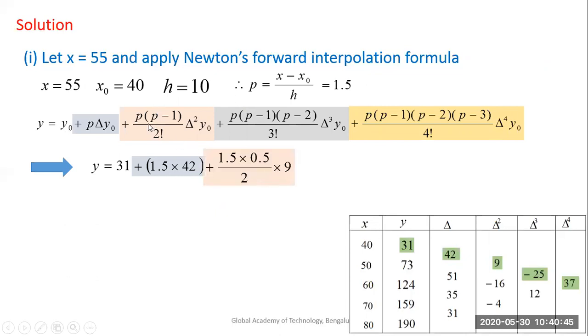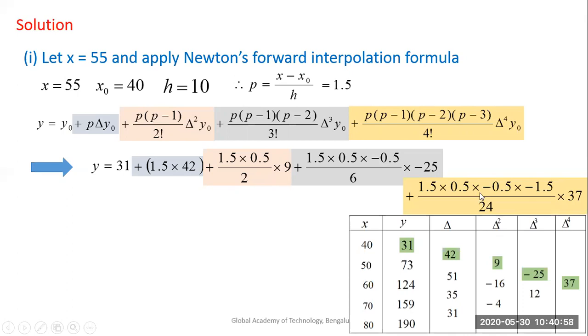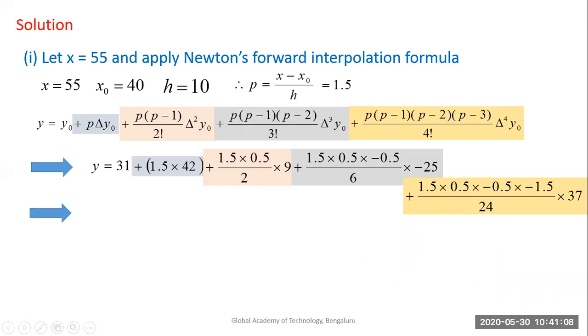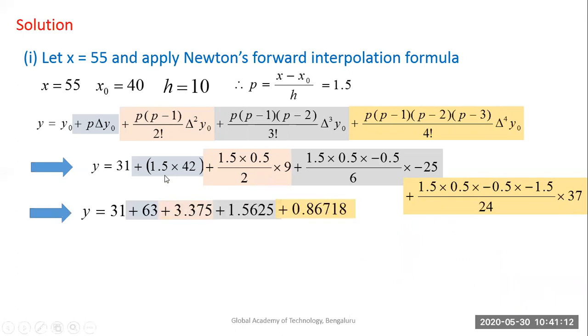Next term: 1.5, 1.5 minus 1 by 2 factorial into delta square y0, which is 9. Similarly, p minus 1, p minus 2 by 3 factorial into delta cube y0, which is minus 25. And finally, p minus 1, p minus 2, p minus 3 by 4 factorial is 24, and delta power 4 y0 is 37. Now simplify each of these terms. 1.5 into 42 is 63.